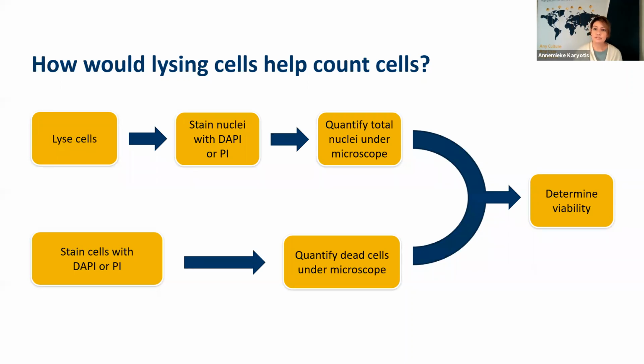And then for your viability, you do not lyse your cells, but stain cells with DAPI or PI, and quantify the dead cells under the microscope, because the DAPI and PI will only stain the nuclei. This part of the viability is based on the assumption that anything dead in the media will be free floating, or if it is a dead cell stuck in a 3D cluster, you'll be able to discern where the nucleus starts and ends. It won't be all absolutely glued together like if it were a whole cell.